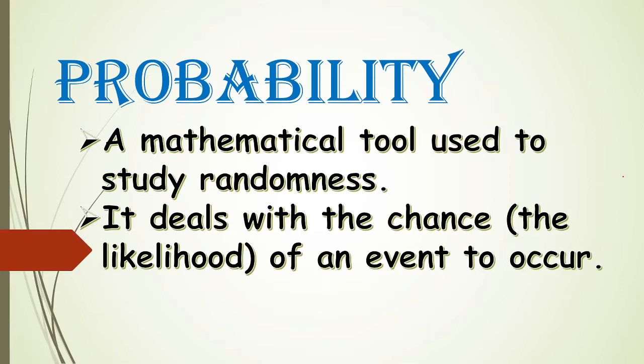Because if you have one card there, one game, the probability is 1 in a billion or 1 in a million. So meaning, that is simply a game of chance, and the chance of winning is less. When people win the lottery, they are just lucky. Okay? So take note of that. Probability is simply the chance or the likelihood of an event to occur.